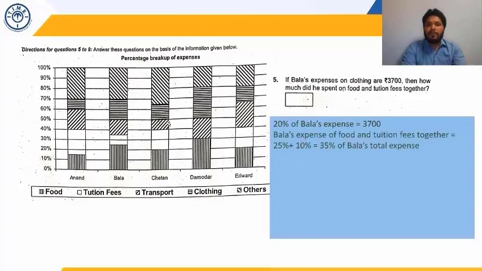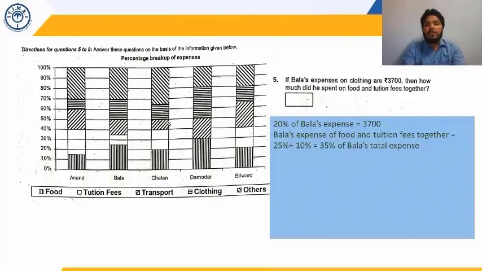We are asked for Bala's expense on food and tuition fees together. How much did Bala spend on food? Bala spends 25% on food, and on tuition fees Bala spends 10% of his total expense.